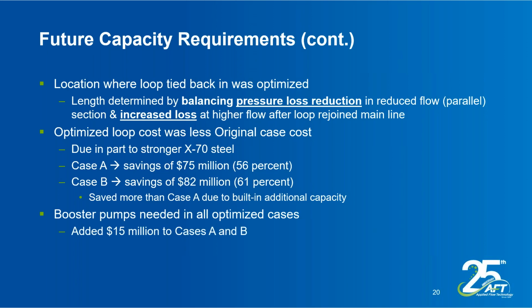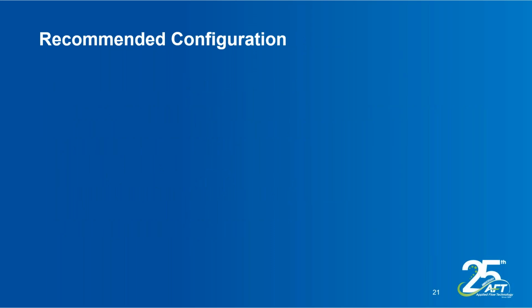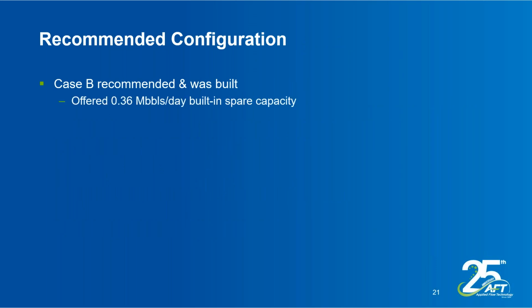Now in this 3 million barrels per day case, this is where booster pumps were needed. So it did add $15 million to cases A and B, but overall there was still a significant savings in the long run. So case B was recommended, which was designed for 2.5 million barrels per day, and later 3 million barrels with that parallel flow path, and that was built for the system using 60-inch diameter pipeline, X70 steel.